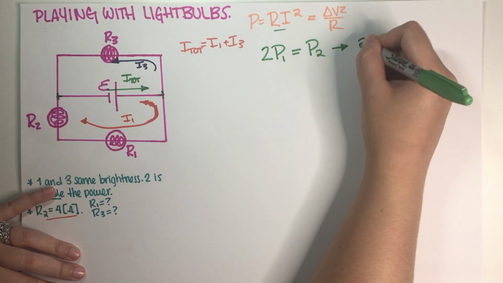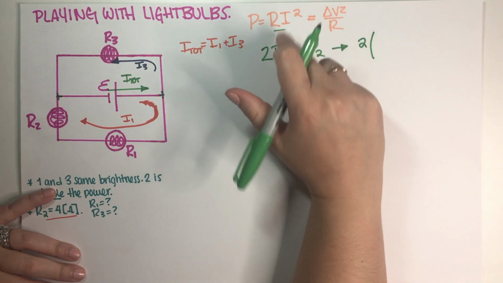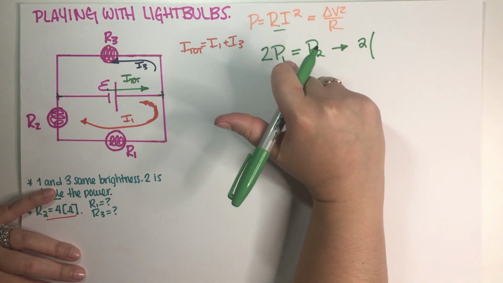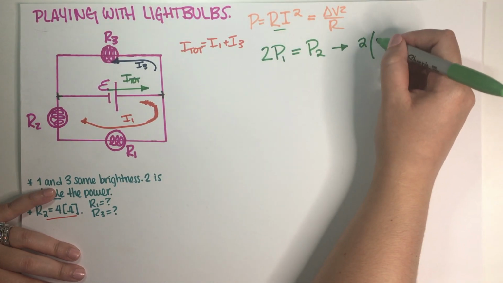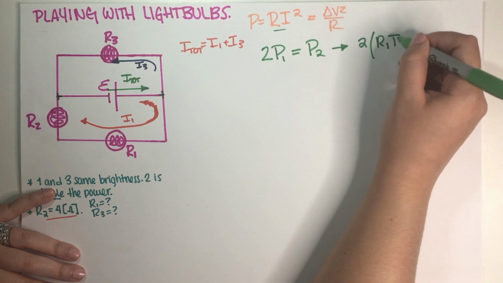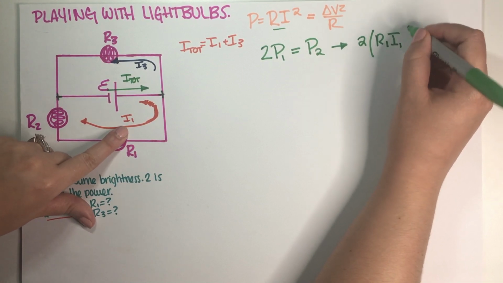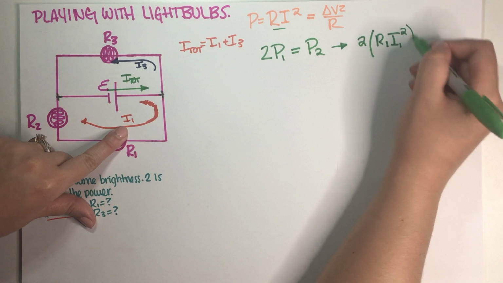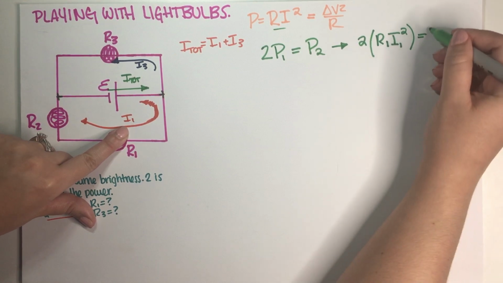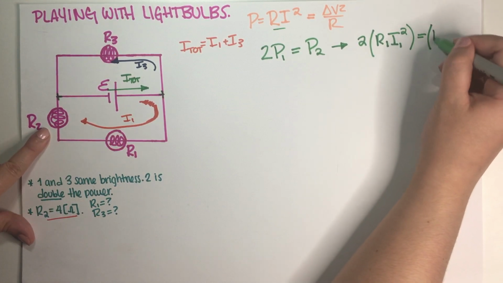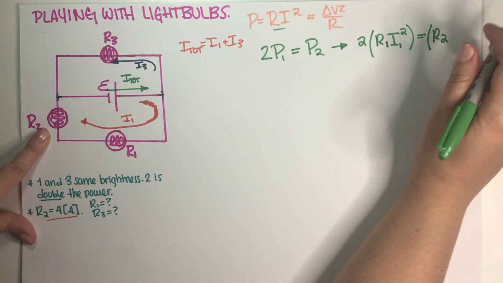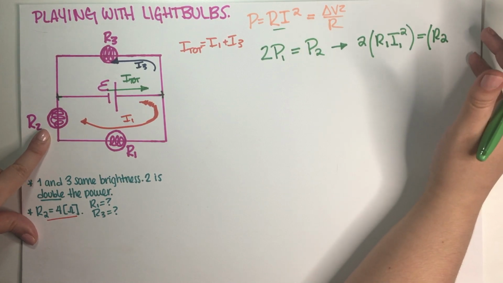So this is 2, and then I'm going to substitute this equation over here. This means R1 I1 squared is equal to R2, but here we go, and this is the useful part.